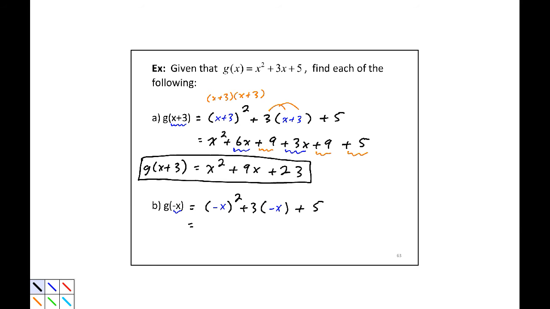So that would be positive x squared. That would be minus 3x plus 5. And that is the output when the input is negative x. Notice that is not the same as the original function. That will come in useful later in the semester.